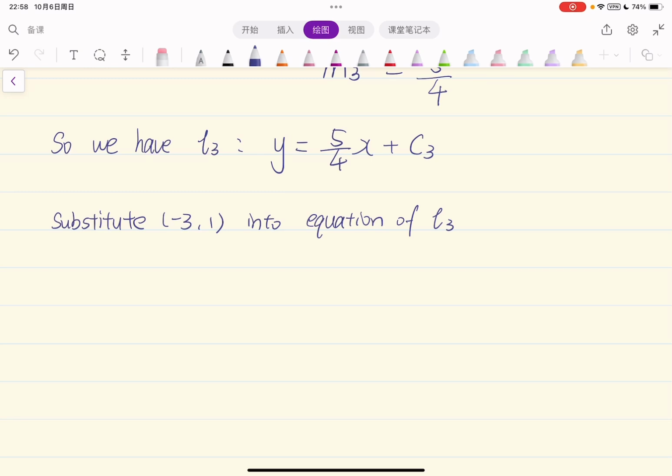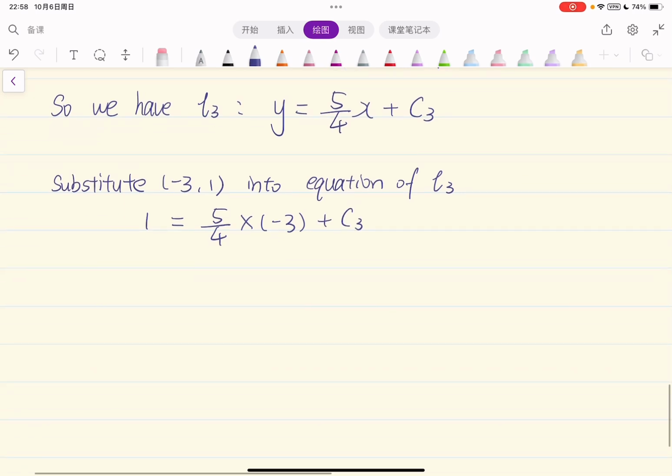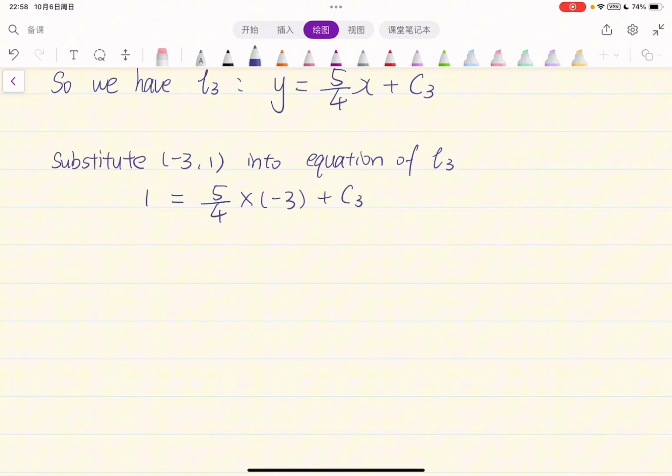We have 1 equals 5 over 4 times minus 3 plus C3. So we get 1 equals minus 15 over 4 plus C3, so C3 equals 19 over 4.